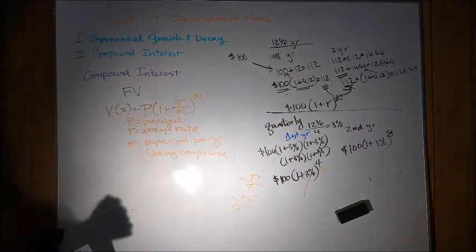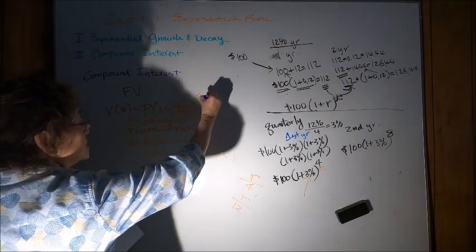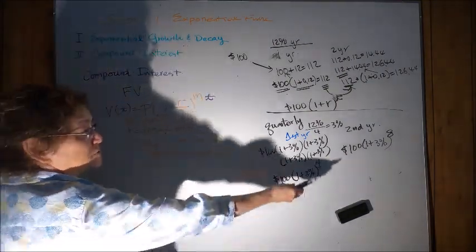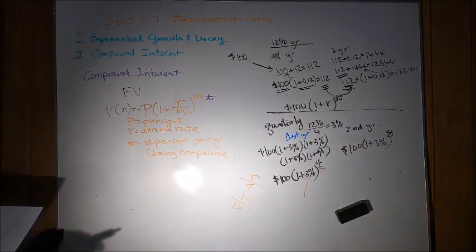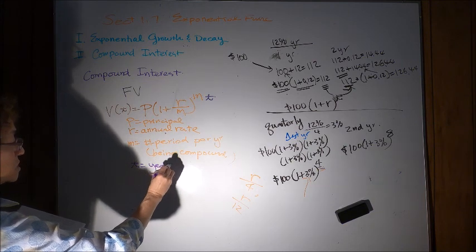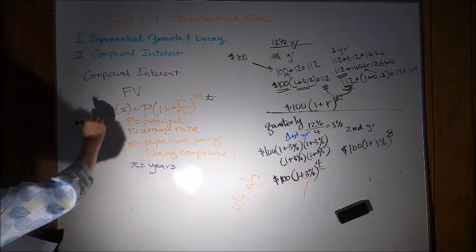But we are calculating the future value depending on how many years down the road, right? So 1 year, you do quarterly 4 times. 2 years, you would do 8 times. So T is how many years you are going to compound.